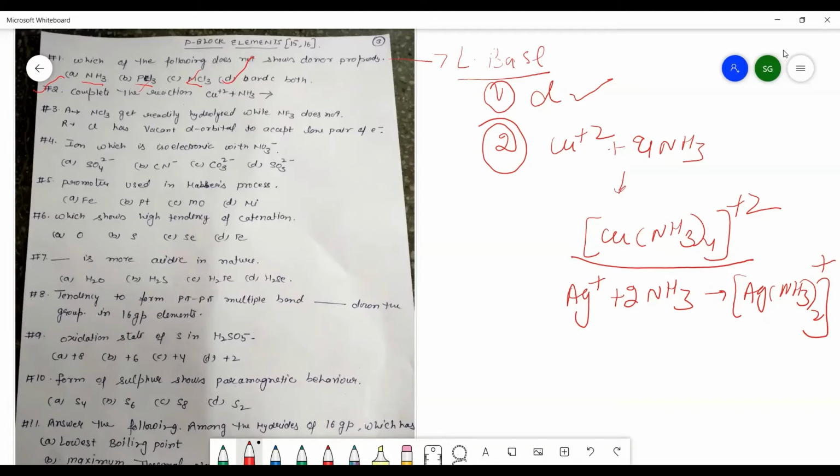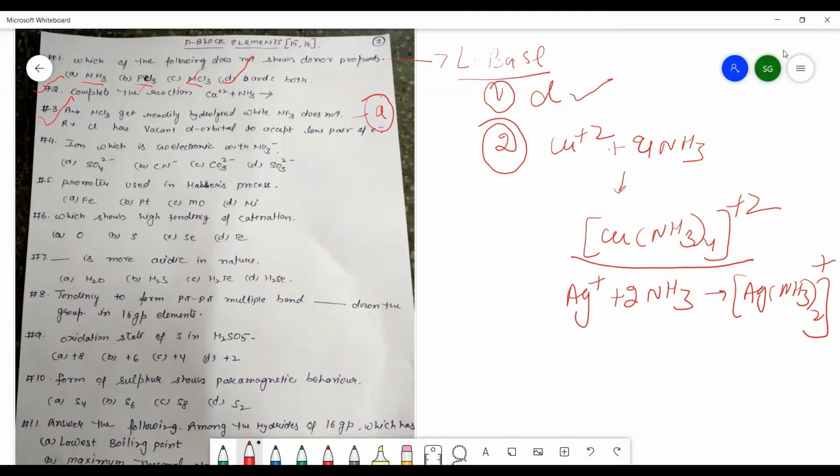So nitrogen cannot gain the lone pair of electrons for the hydrolysis from the water molecule. But chlorine has the vacant d orbital to accept the lone pair of electrons. So the coordination number can be increased and the water molecule can make the bonding with the chlorine and hydrolysis is possible in case of NCl3. So we can write the answer is A for question number 3.